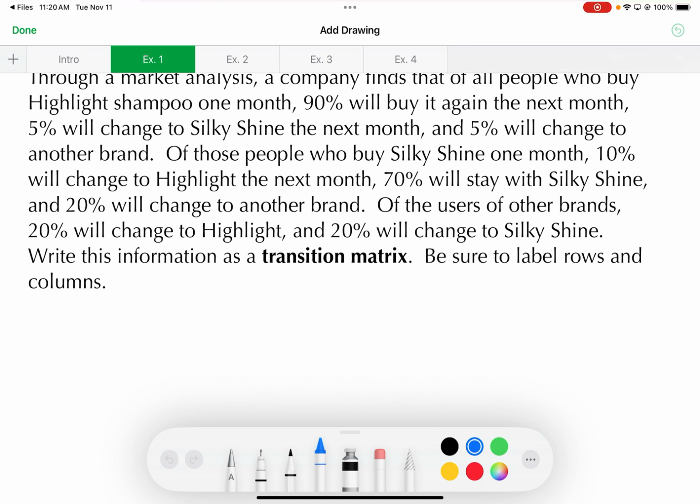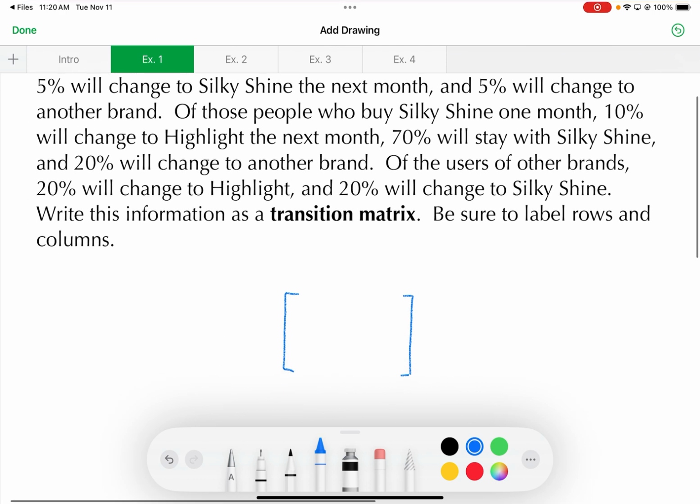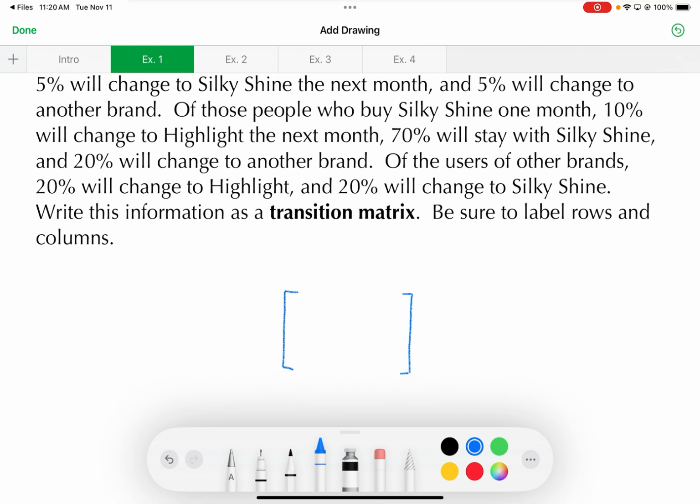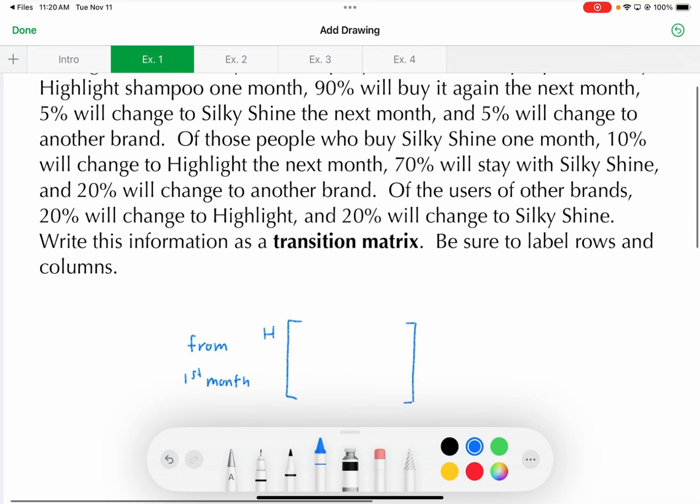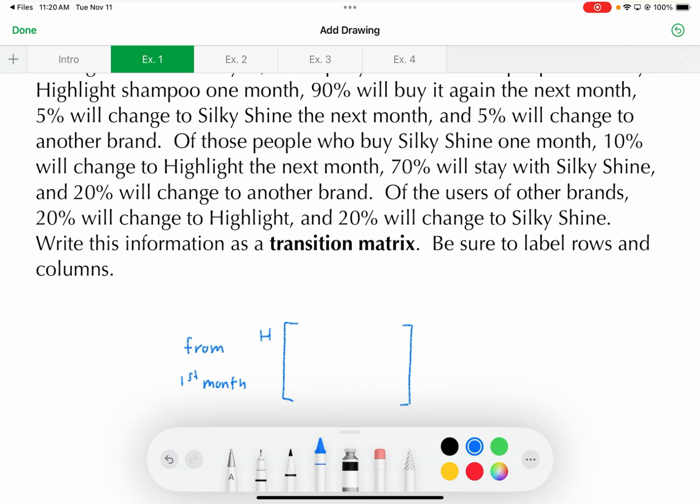Okay, so this is going to be a 3 by 3. Okay, and your rows are going to represent from the first month. We can put these in whatever order we want, but I'm going to make the first row for Highlight shampoo, so I'll use an H there.